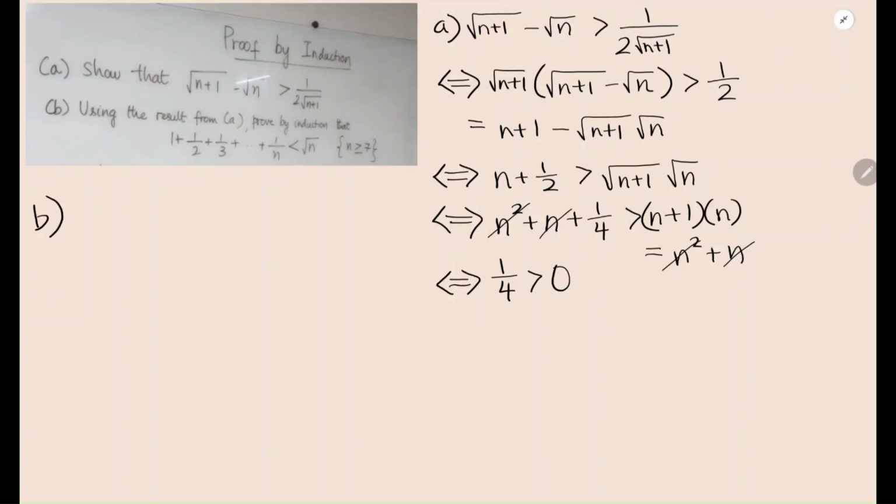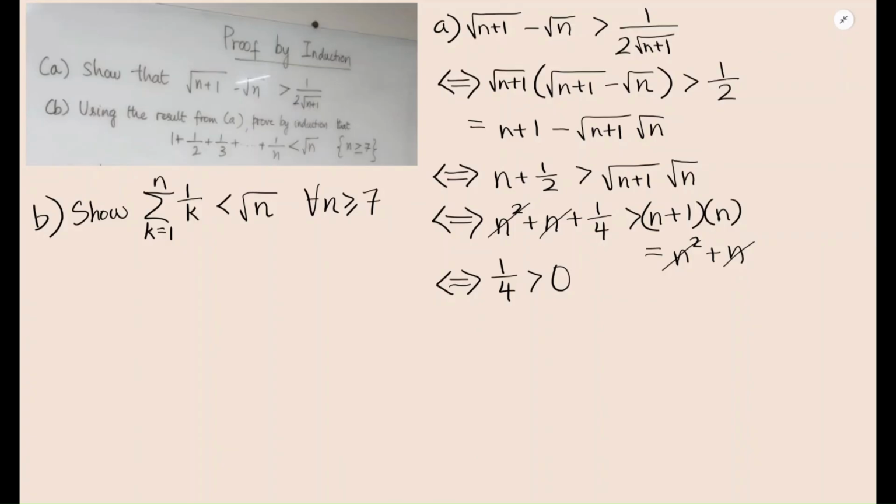So we are trying to show that the sum from k equals 1 to n of 1 over k is less than the square root of n for every n greater than or equal to 7. Of course, here n is a natural number as well.